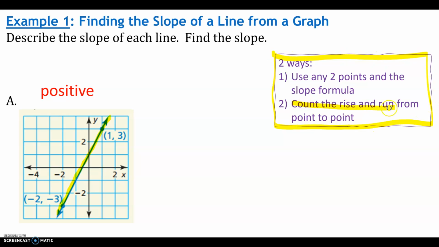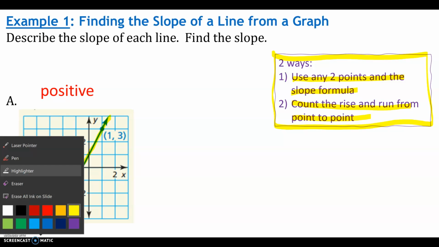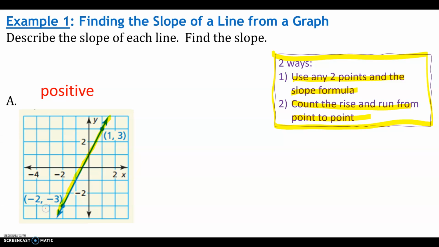We're going to do counting, which is the easy way, and then we'll get to using the 2 points and the formula. So now we're going to count the blocks. We start here and count 1, 2, 3, 4, 5, 6. So this is a rise of 6.